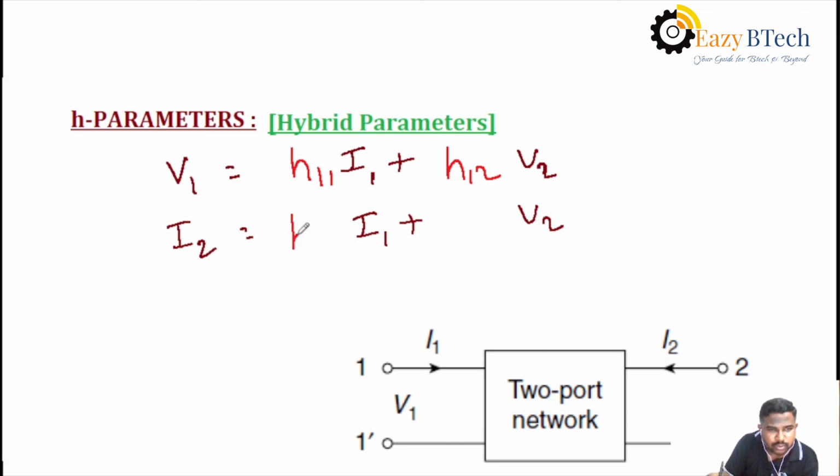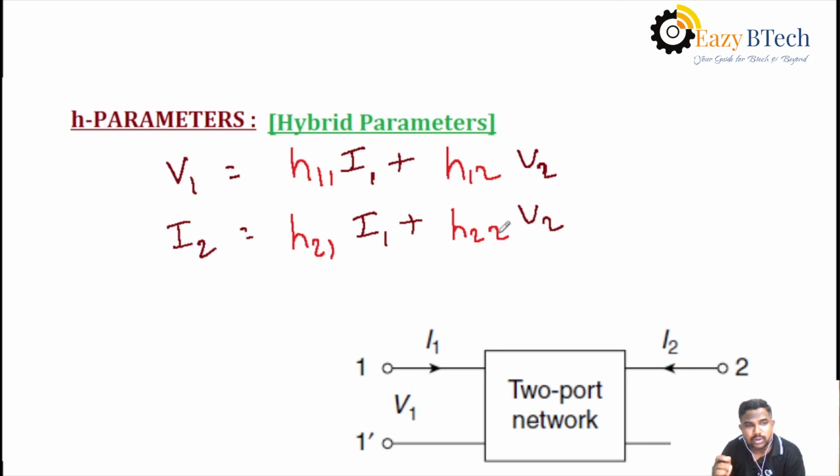Then I2 equal to H21 I1 plus H22 V2. Then how to find H11? V1 by I1 when V2 is 0. How will V2 be 0? By short circuiting the second port.